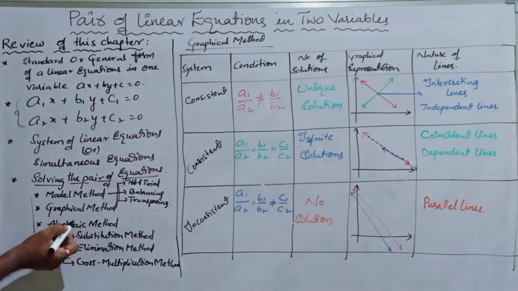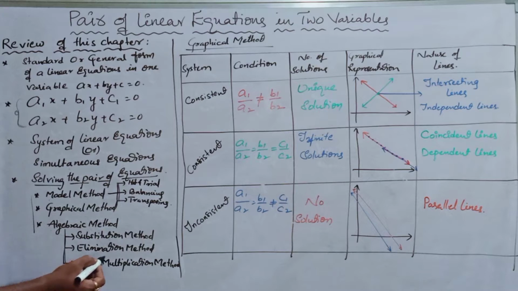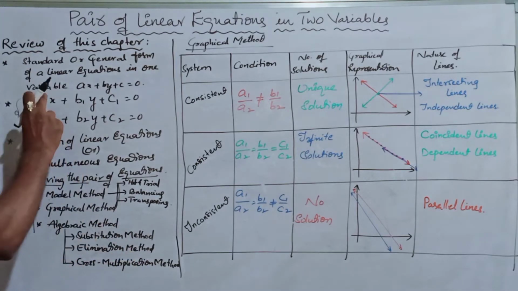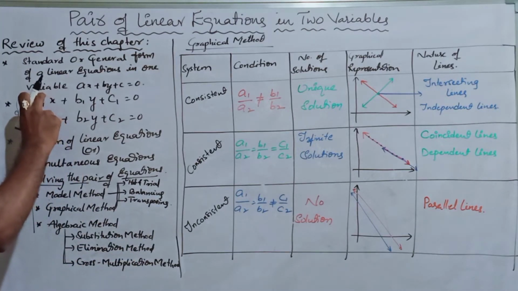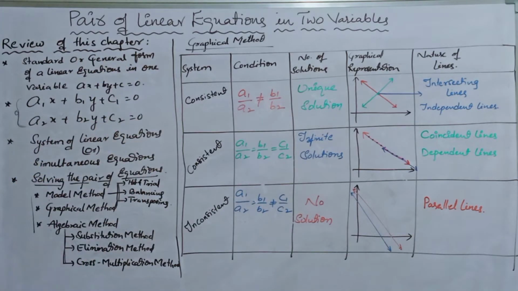The algebraic method also has three types: first, the substitution method; second, the elimination method; third, the cross multiplication method. Cross multiplication is very important for solving these pair of linear equations in competitive exams in an easy way.